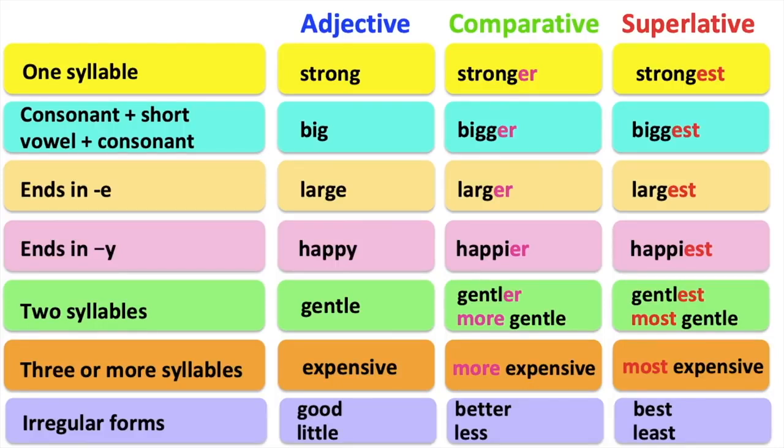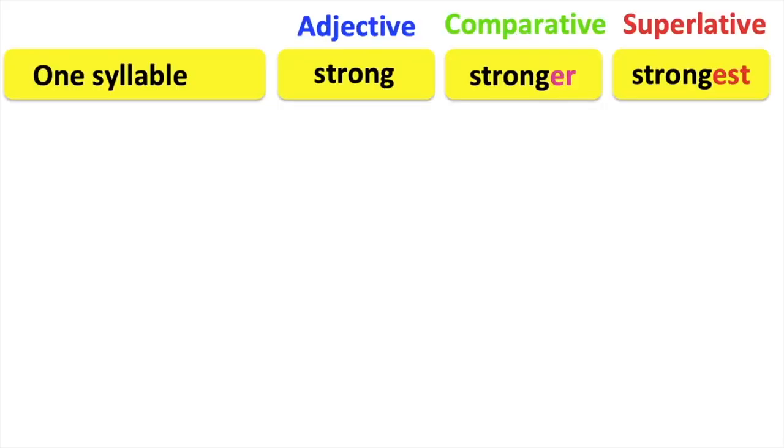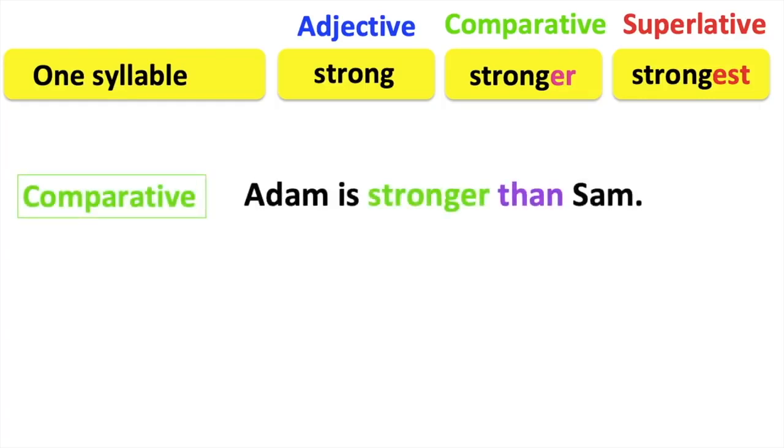Now let's go through each rule with example sentences. For 1-syllable adjectives, the rule is to add er when forming the comparative and est when forming the superlative adjective. For example, Adam is stronger than Sam. Here, I'm comparing 2 people.